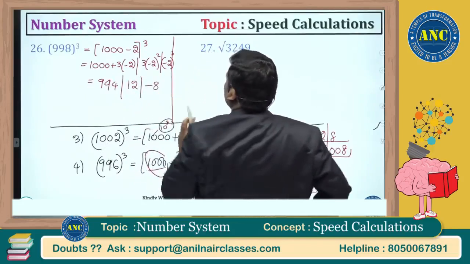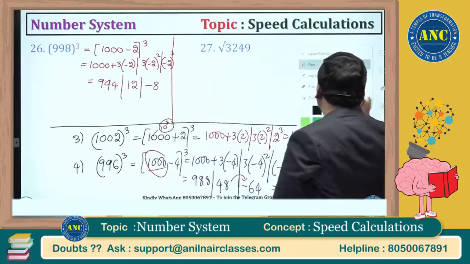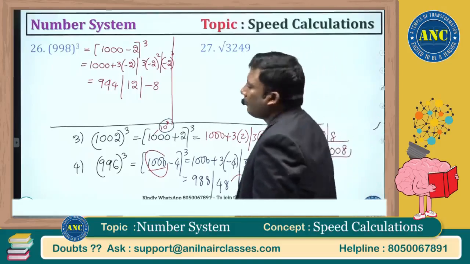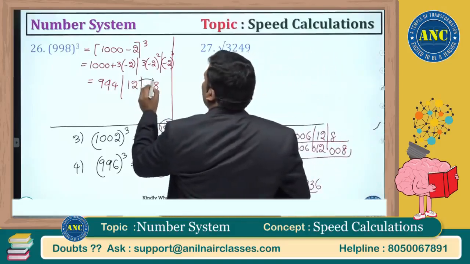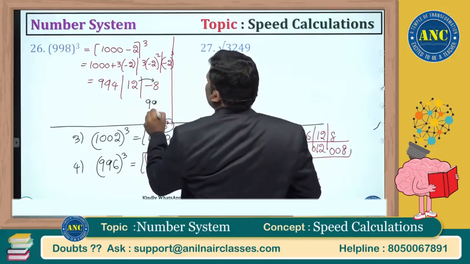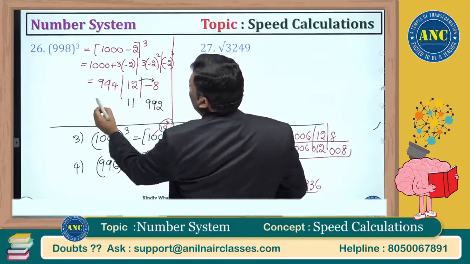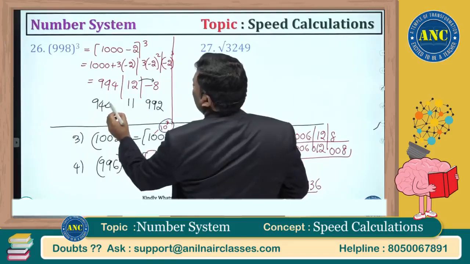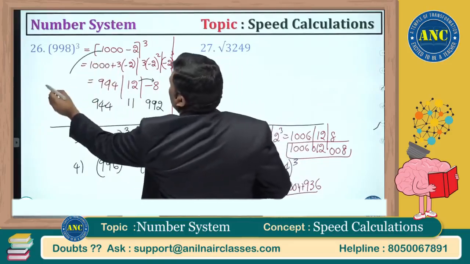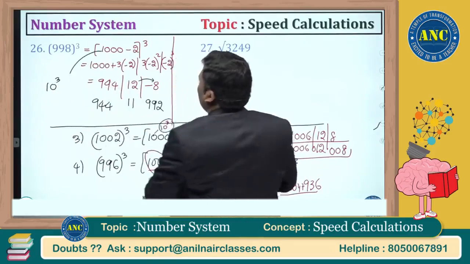Minus 2 cube is minus 8. Take a carry 1 on 1000: 1000 minus 8 is 992. 12, 1 carried, 11. And this is 994.